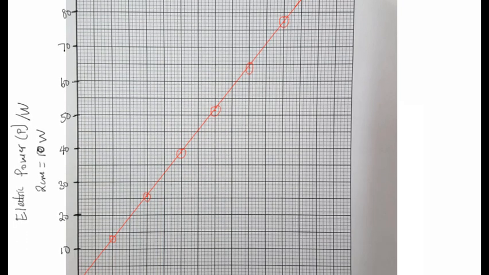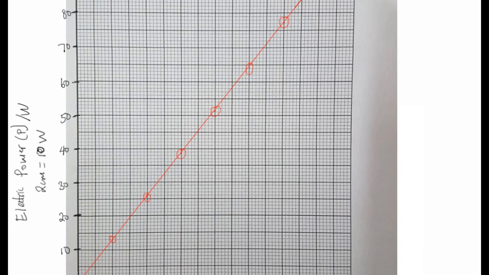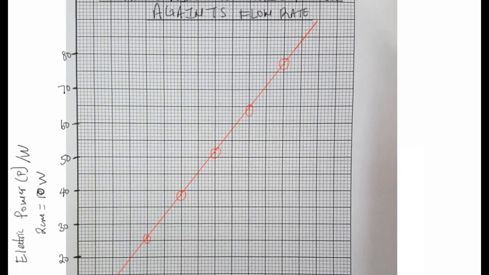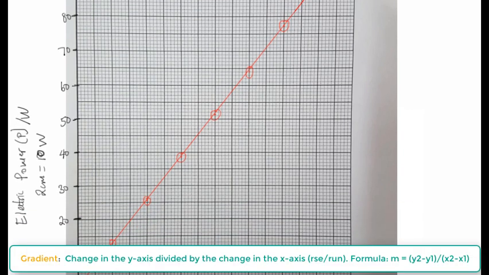Now, the gradient of the graph is merely the change in the y-axis divided by the change in the x-axis, or another way to put it is simply the rise over the run, right?